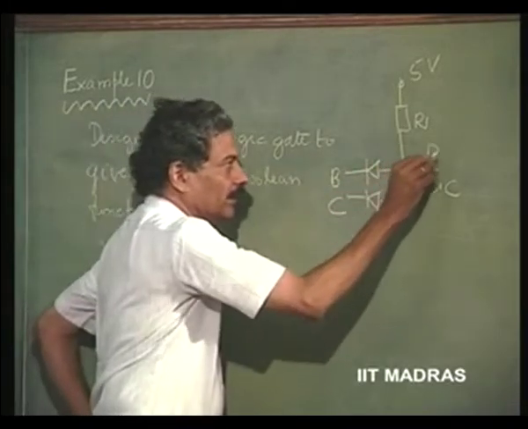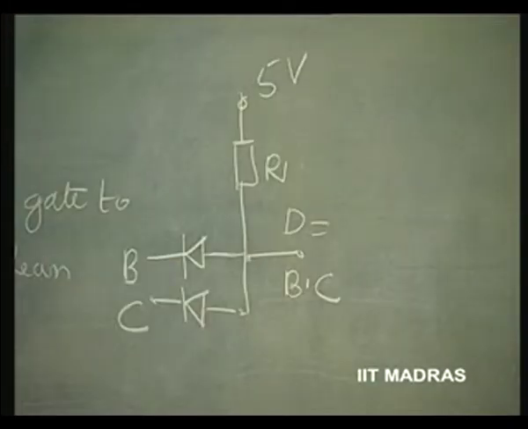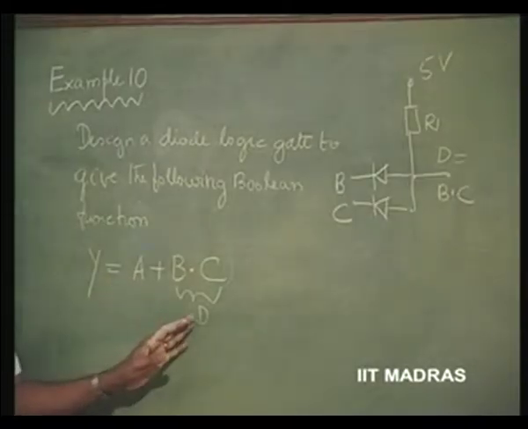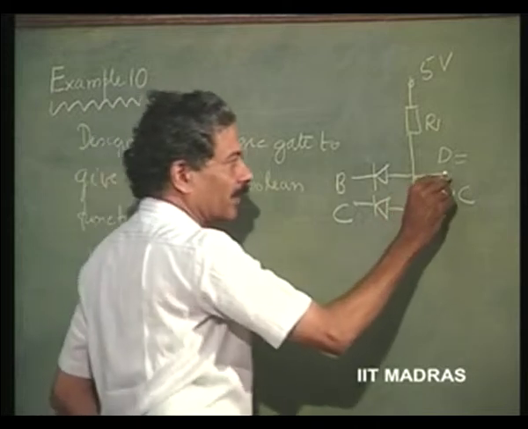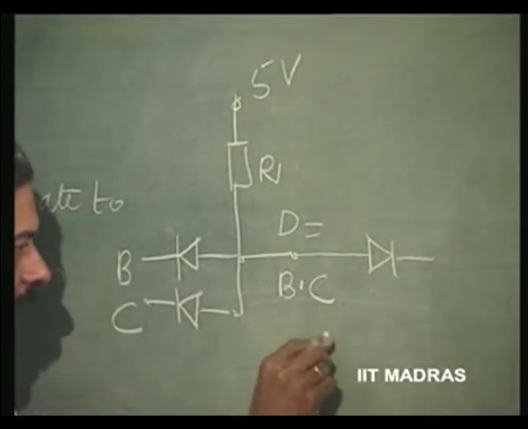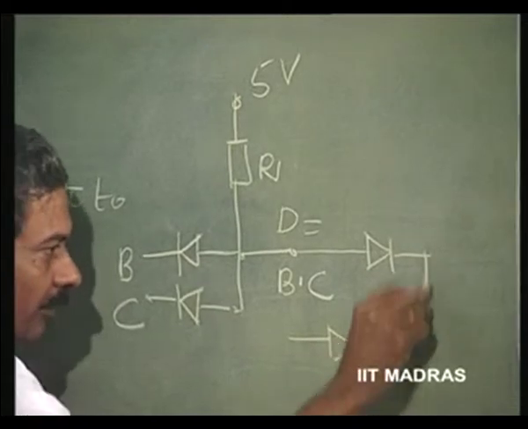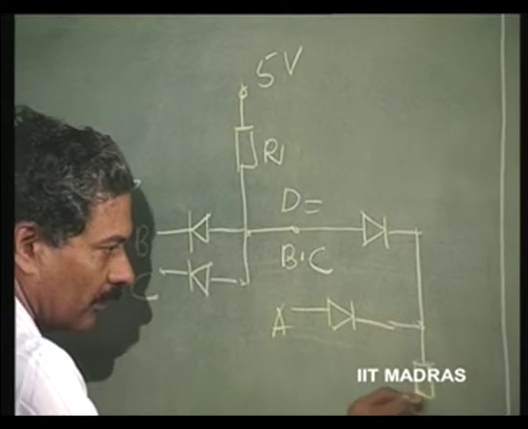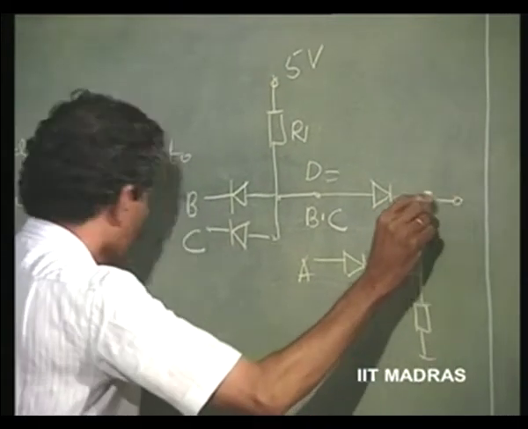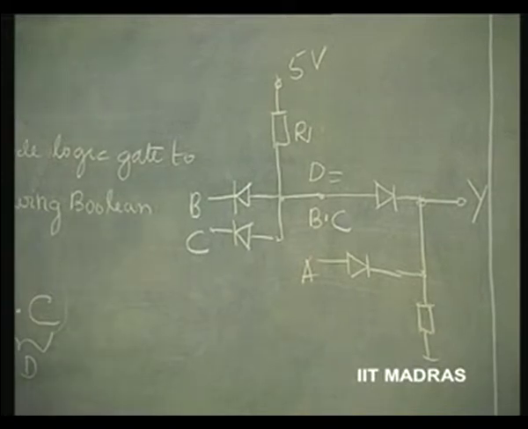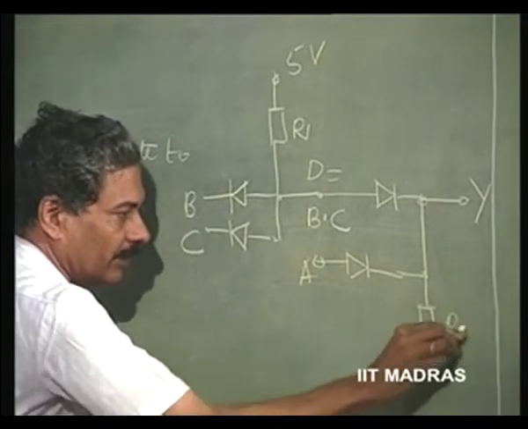So, d equals b and c. Now, you have to OR a and d. So, this d is one input to the OR gate and the other input is a. So, we have the logic variable y as the output.